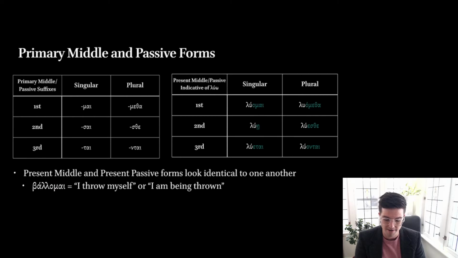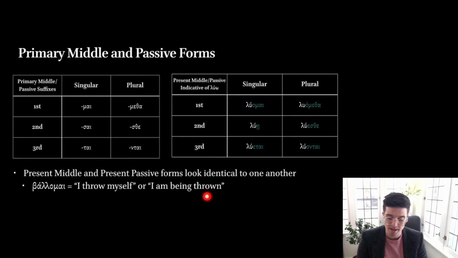So ballomai, for example, could be "I throw myself" if it's in the middle, or it could be "I am being thrown" if it is in the passive. And so it's going to look the same no matter what. It's not going to change its form for the middle than it would for the passive. The form is going to be exactly the same.